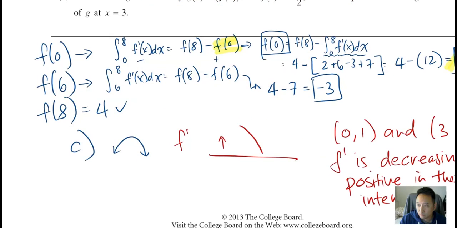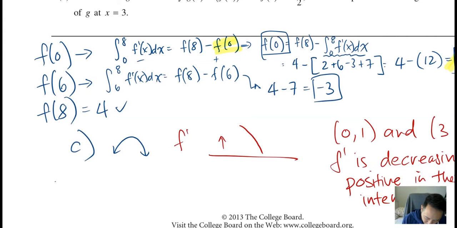Okay? And part D, the function g is defined by quantity f of x, quantity cubed, if f of 3 is negative 5 halves. Find the slope of the line tangent to the graph of g at x equals 3. Okay, so we're not looking for the equation of the tangent. All they want is just the slope of the line tangent to the graph at x equals 3.